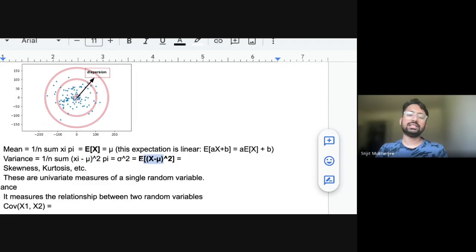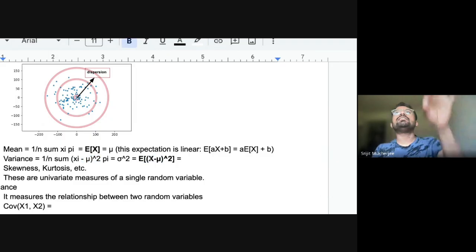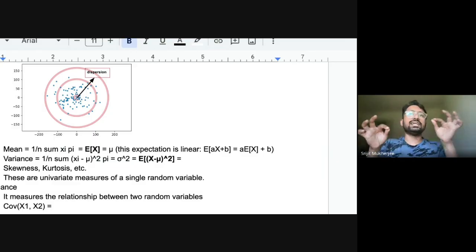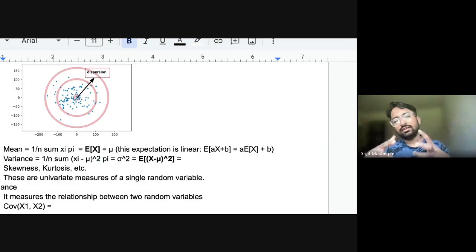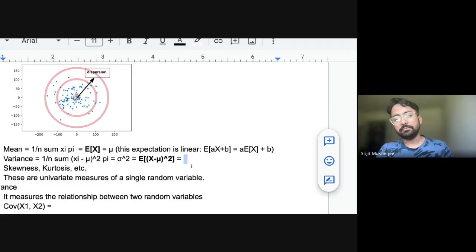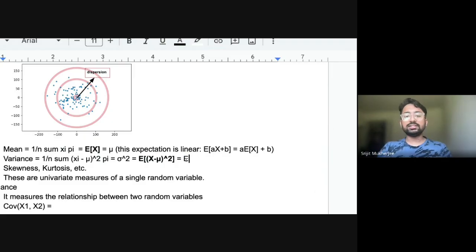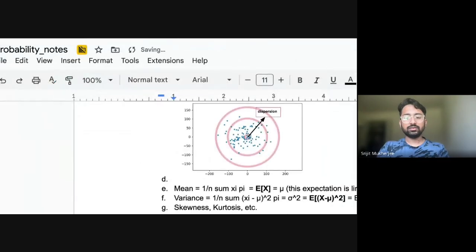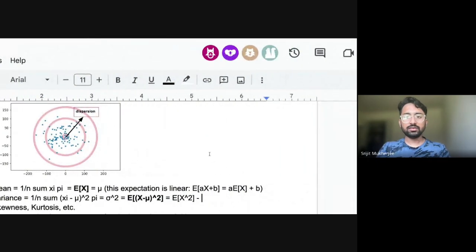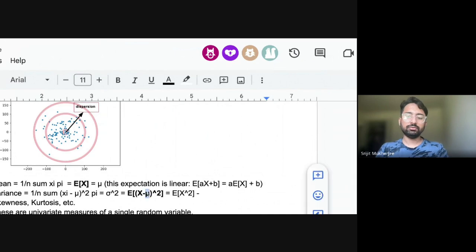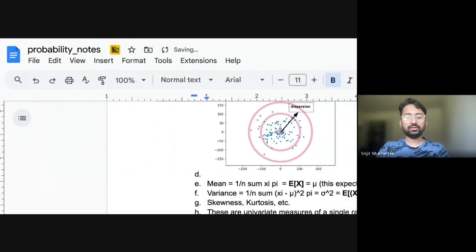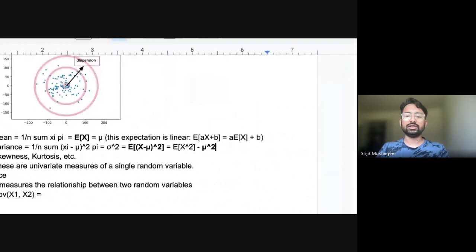So x can take all the xi values, so instead of x we take xi and pi together and replace them in the function. You can show that this is nothing but the expectation of x whole square minus mu square. Often this is also useful to think about.